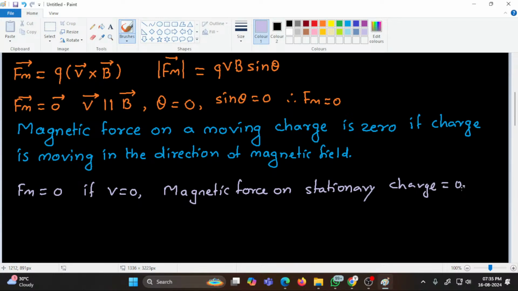So from this equation it may be observed that force on the charge due to electric field depends on the strength of the electric field and magnitude of the charge. However, the magnetic force depends on the velocity of the charge and the cross product of velocity vector and magnetic field vector B bar.